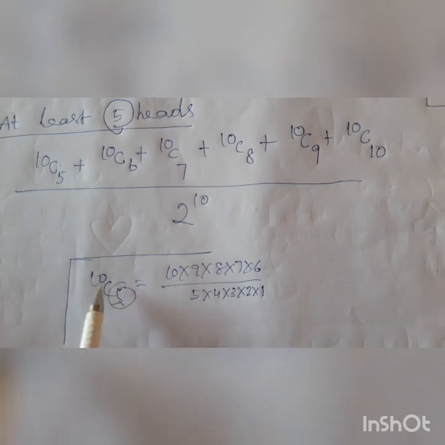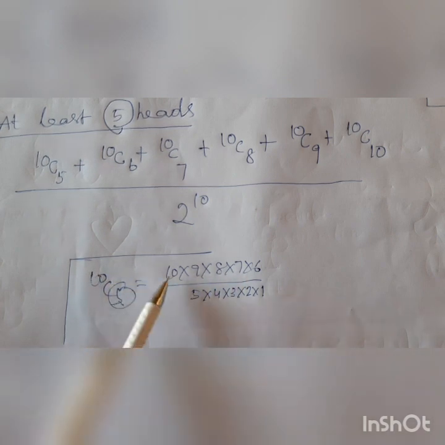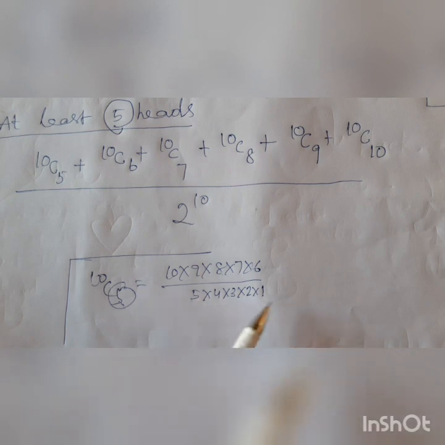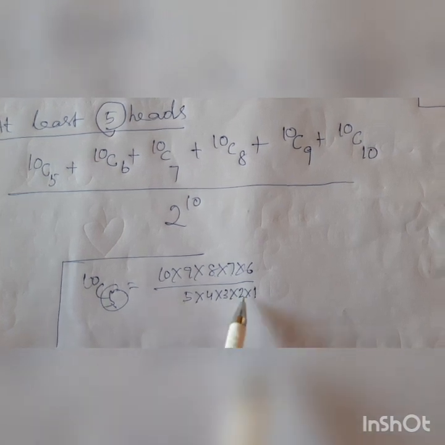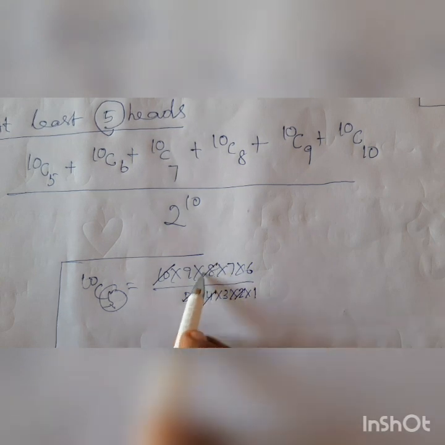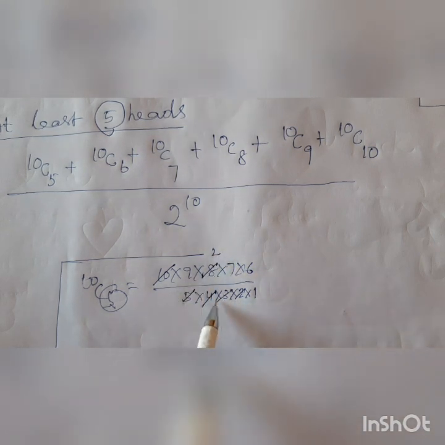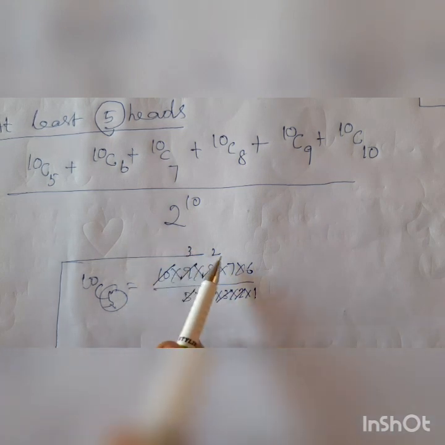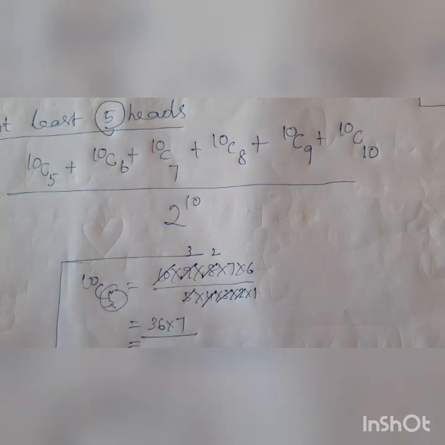So 5 times 10 backwards you have to write 10, 9, 8, 7, 6, and 5 factorial means 5 to 1 backwards, all natural numbers. So here 5, 2, 10, 10 cancel, and 4, 2, 8 cancel, and 3, 3, 9 cancel, and what will be left is 3, 2, 6, 36 into 7, you will get it.